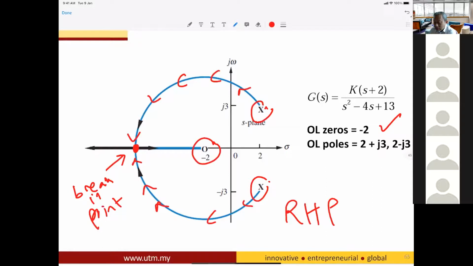One goes to the zero, ending at the zero, and the other ends at infinity. So that is the break-in point.